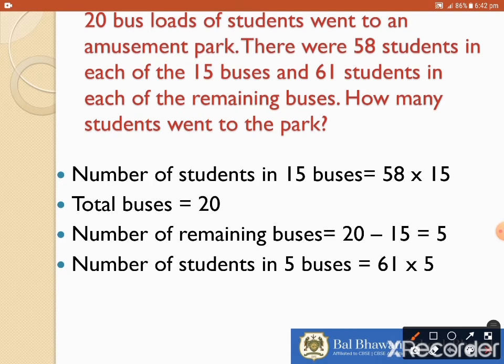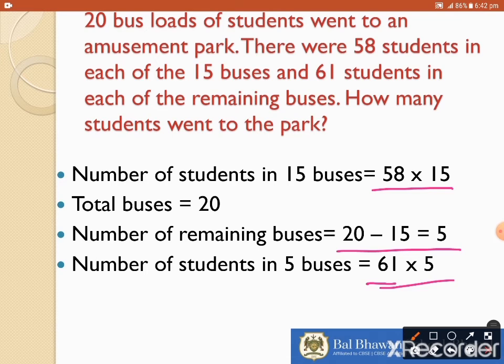So the total number of students in 15 buses is 15 into 58. Now out of 20 buses, 15 buses are used. So the number of buses left is 5. So in the remaining 5 buses, in each bus there are 61 students. So the number of students in 5 buses will be 61 into 5.